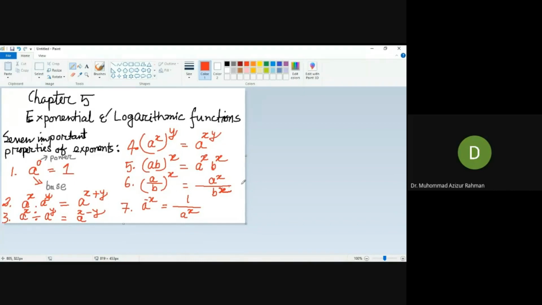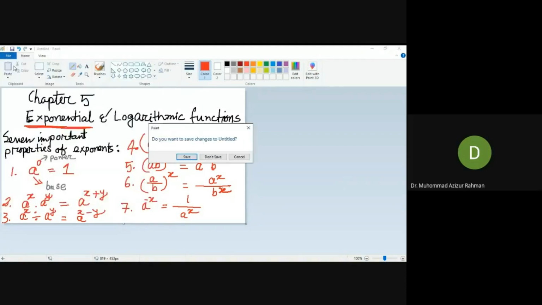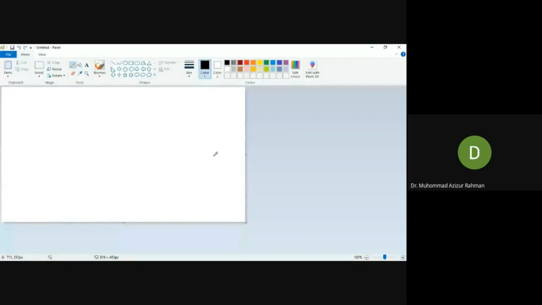So let's go to another slide. So logarithms. Do you know what logarithms are?